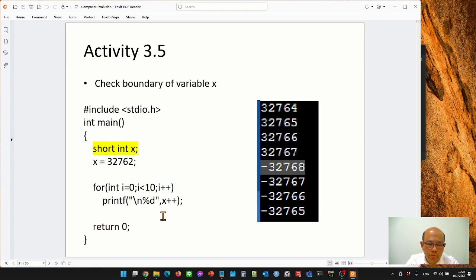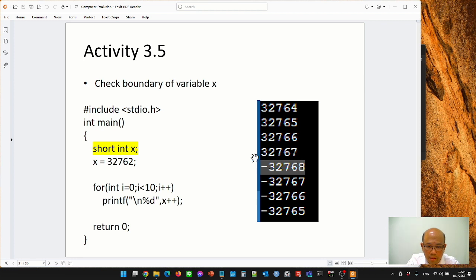Okay, I show you the problem using C language code. I think you should open online GDB, put this code in, and run the simulation. In this example, I declare a short integer, which has about 16 bits.